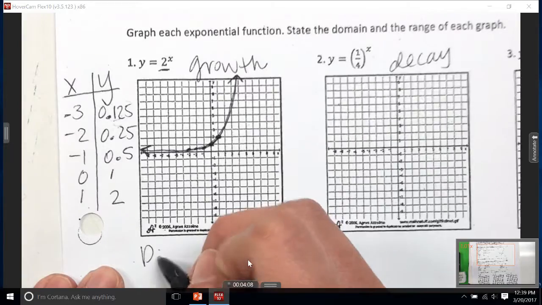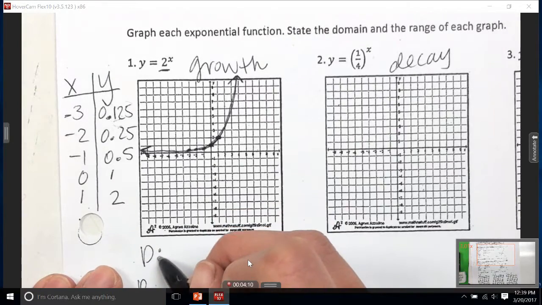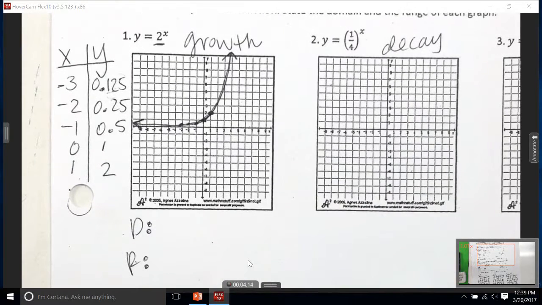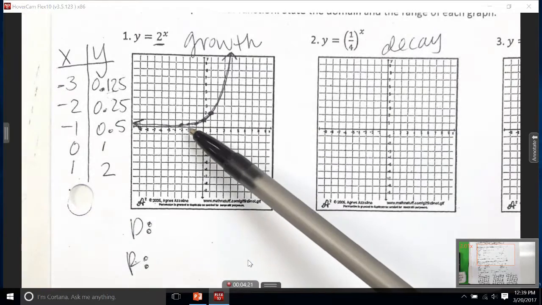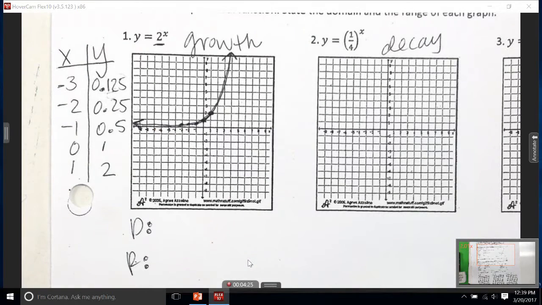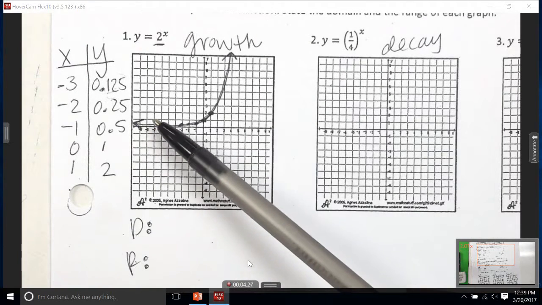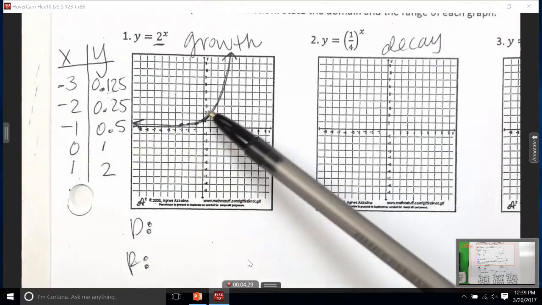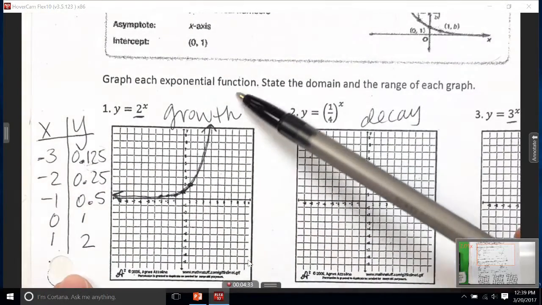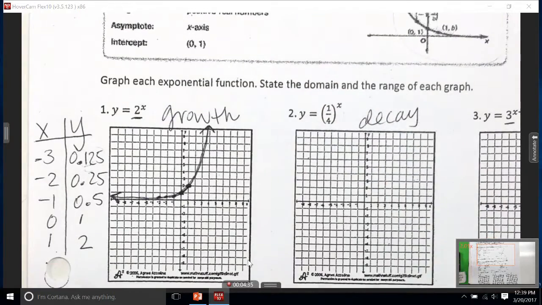Alright, so domain and range. Domain is talking about your what values? X. So like from left to right, correct, on the graph? So how far left is this graph going? Yeah, negative infinity. All the way left forever and ever, right? What about how far right is it going? Yes, because the further up it goes, the further right it's going to go. So it's going on forever and ever.